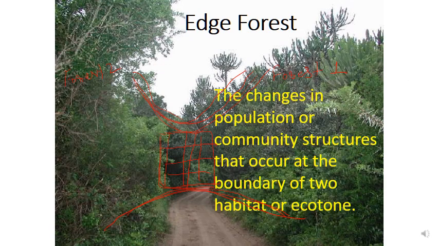So edge forests show the edge effect, which refers to changes in population or community structure, where the number of species and the population density of some species in the ecotone is much greater than in either forest 1 or forest 2. This is called the edge effect. The organisms which occur more abundantly in this zone may not occur in the main habitat type.